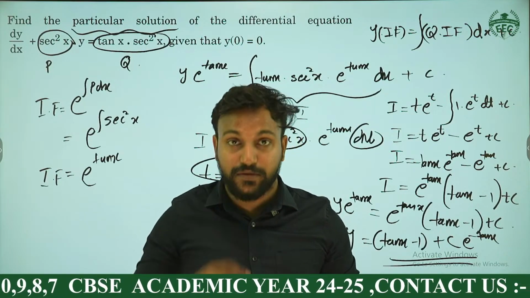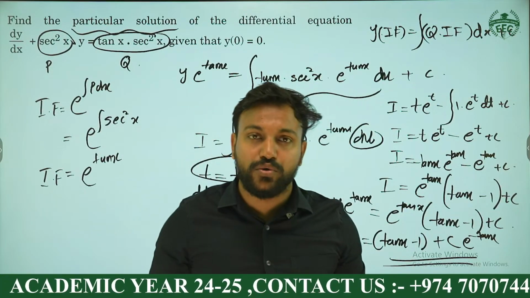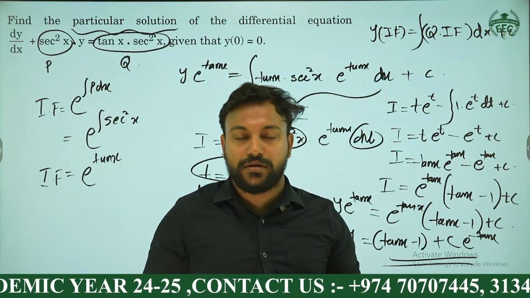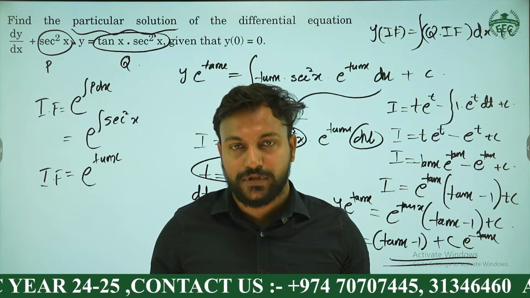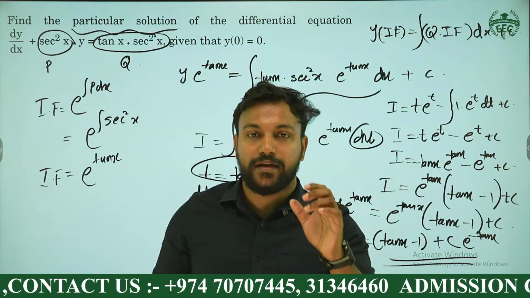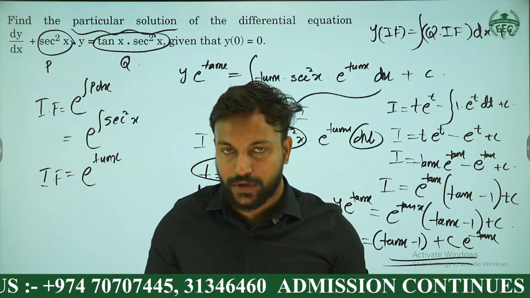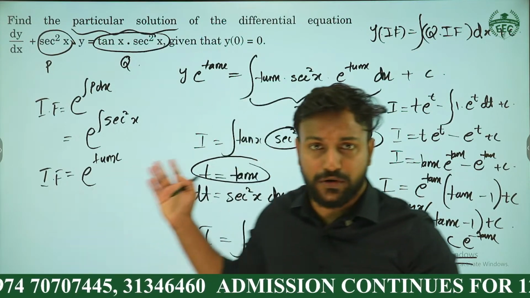Then you can separate the variables and integrate it. And the last one, if you are not able to find a differential equation in the format of y by x also, then it must be a linear differential equation, and you can use the equation that I have told before.